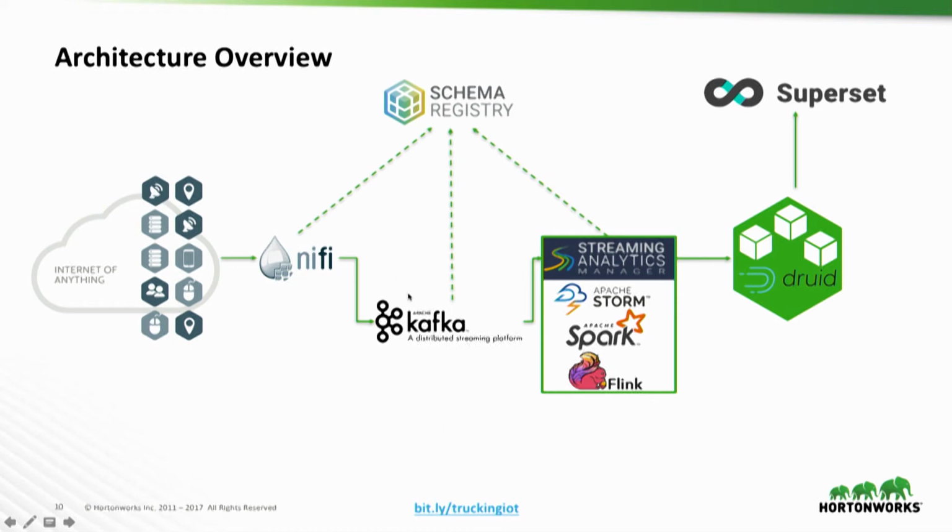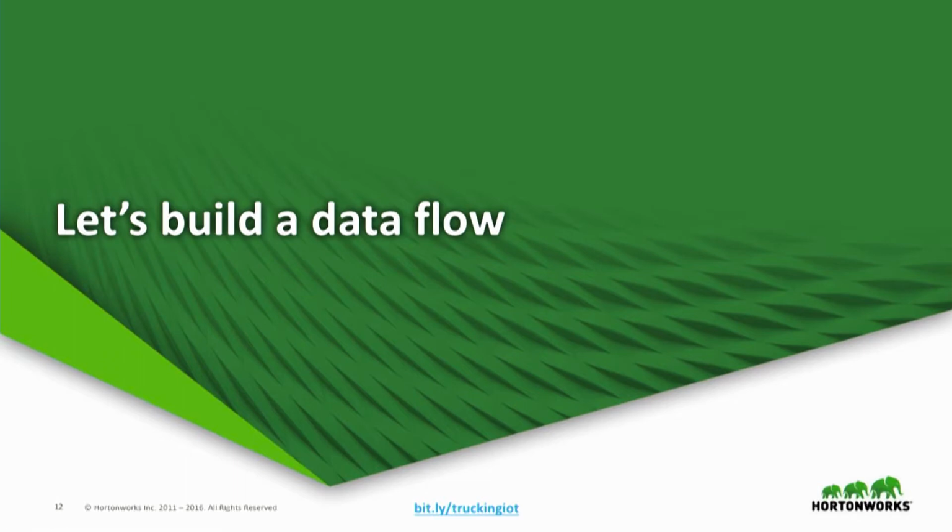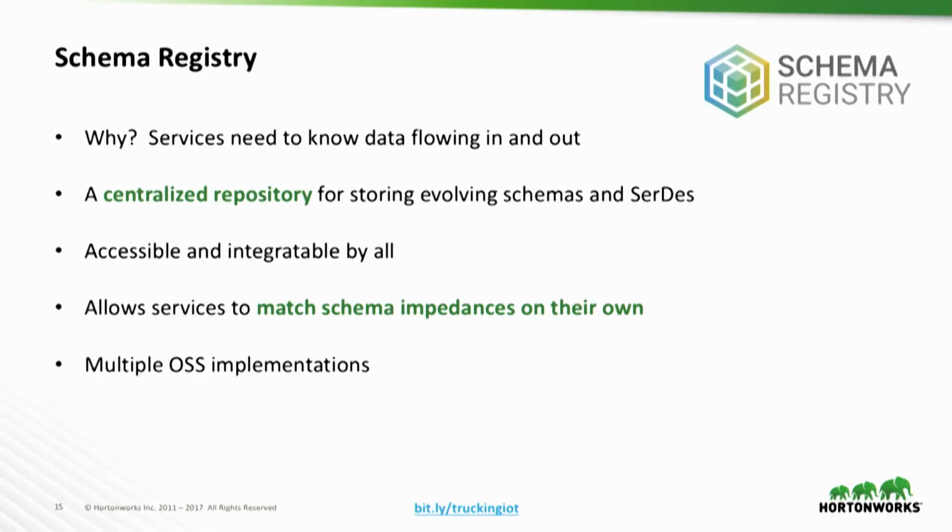In this case, we're using Kafka as our message broker, and we're using Schema Registry to automatically match impedances between what the data looks like when it comes in from the edge and what the data is expected to look like once it hits our sink. Schema sort of helps us match those impedances automatically, or sort of auto-magically.